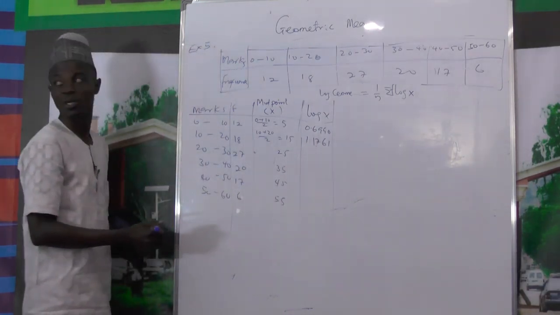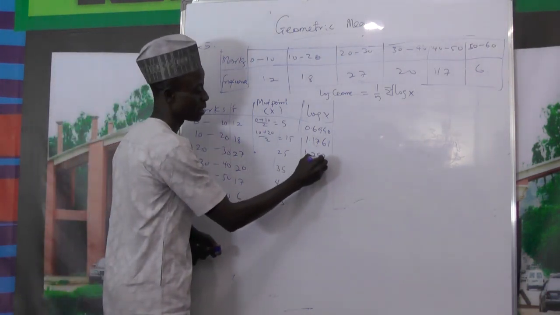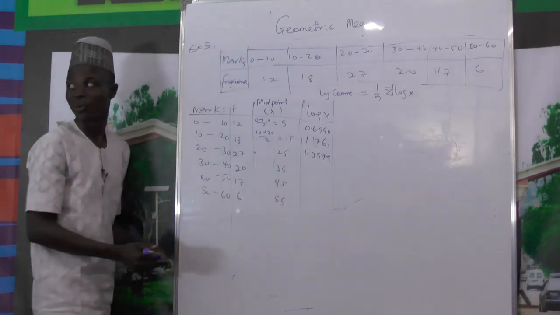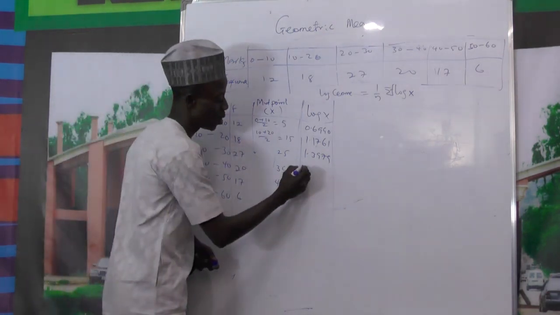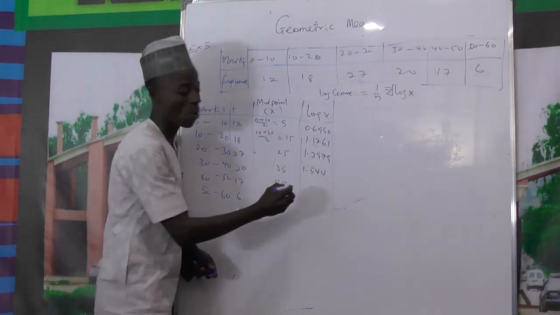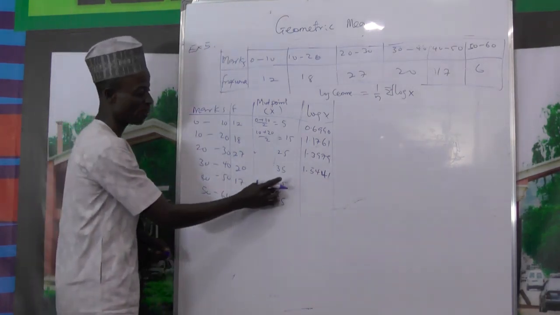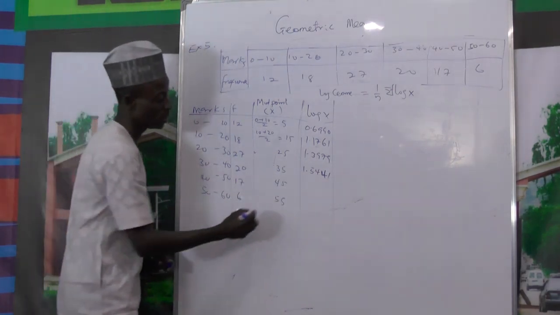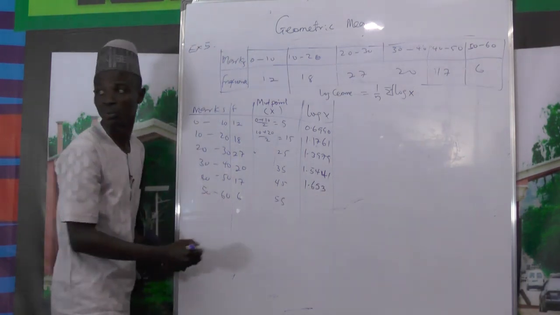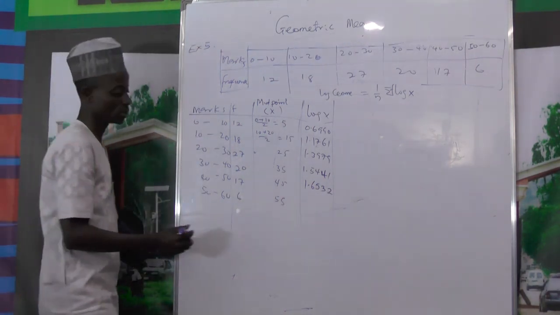Then if we take the log of 25, it will give us 1.3979. The log of 35 will give us 1.5441. Log of 45 will give us 1.6532. Then log of 55 will give us 1.7404.